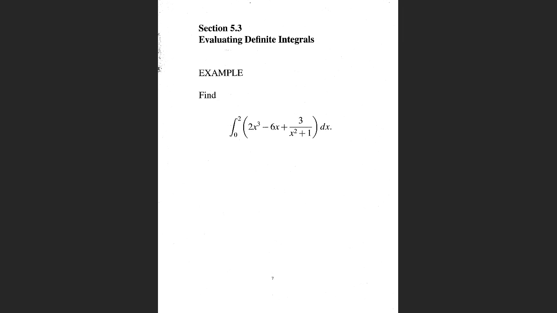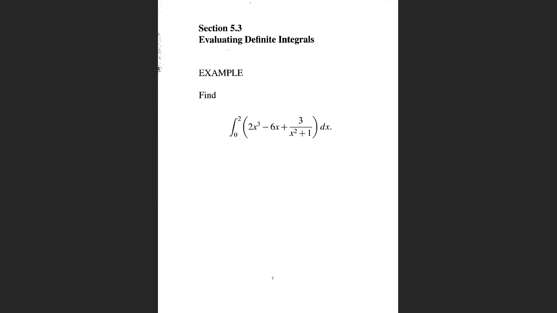Okay, so now in the previous example, I computed the antiderivative of x cubed minus 6x all at once.